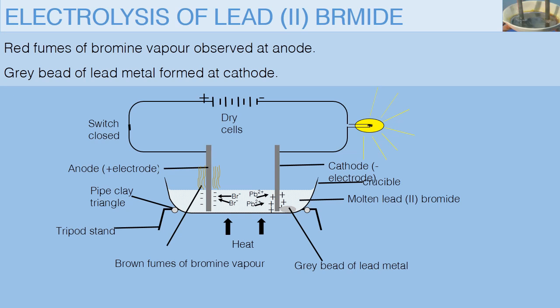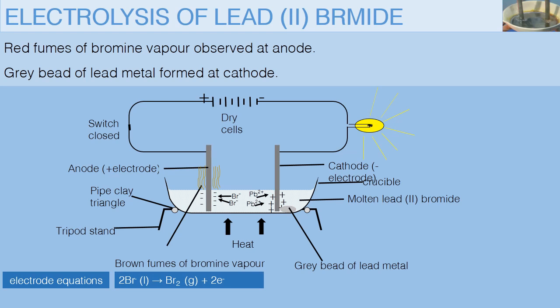Chemically, these changes can be represented by electrode equations as follows. Two bromide ions lose 2 electrons to form bromine vapor.